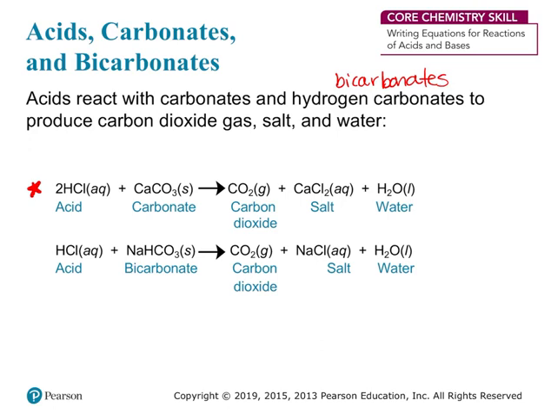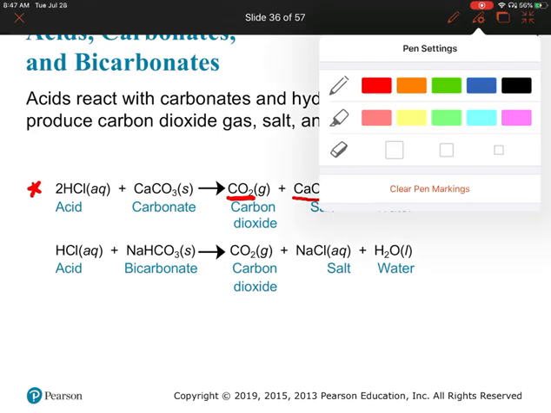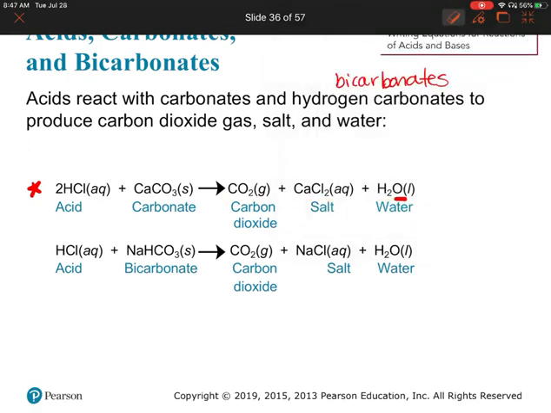Okay, so we have our CO2 gas and then H2O, and then the salt is formed based on what's left over. So we have calcium and chlorine. So if we look at that in a little bit more detail, if we look at CO3, that's going to give us our CO2 and then our oxygen in H2O.